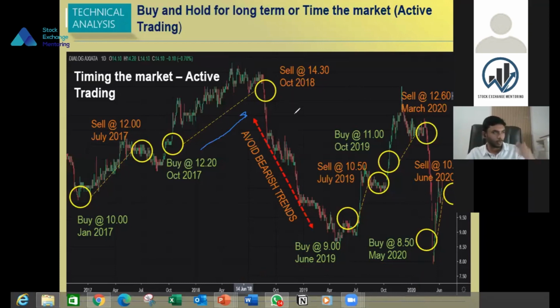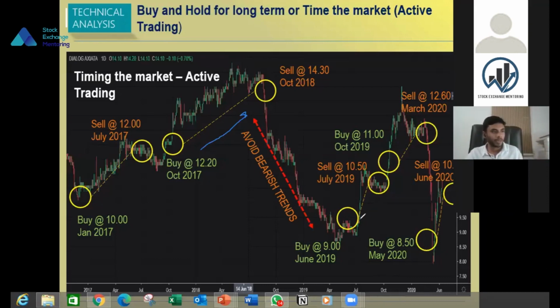Then after that, there's a huge bearish trend in the stock. During that period, you can completely avoid the market and do your homework on fundamental analysis and be prepared for the next cycles. Since our markets only offer long opportunities, there are no short trading facilities, we base this on long trading, where you buy low and sell high.